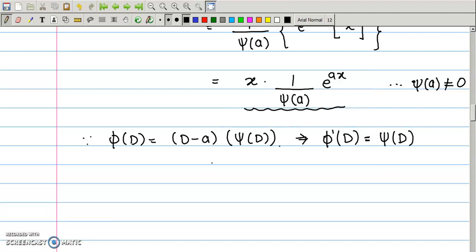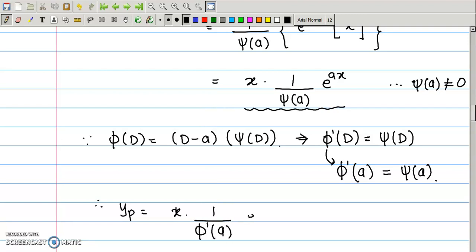If you replace d by a here, phi dash of a is nothing but psi of a. So we can substitute this value here. Therefore, the required particular integral is x into 1 upon phi dash of a into e raised to ax, provided that phi dash of a is non-zero.